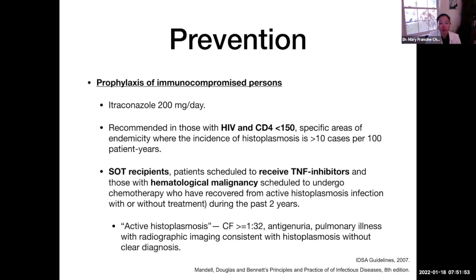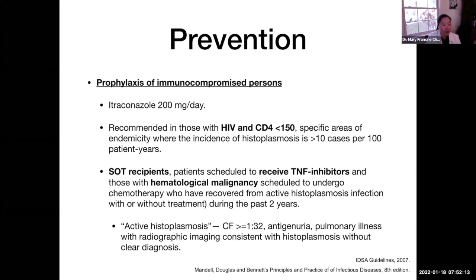It is also recommended in solid organ transplant recipients or patients who are scheduled to receive TNF-alpha inhibitor therapy, or those with hematological malignancy scheduled to undergo chemotherapy who have recovered from active histoplasmosis infection, with or without treatment, during the past 2 years.